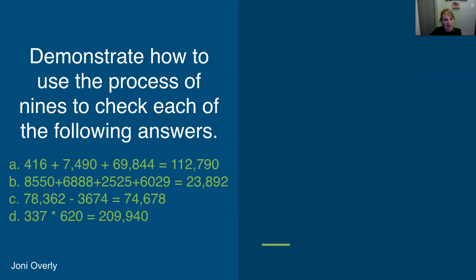Okay, so finally, let's go to number D. The remainder of 337 after dividing by 9 is 4. And the remainder of 620 divided by 9 is 8.